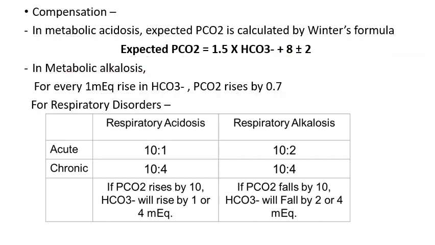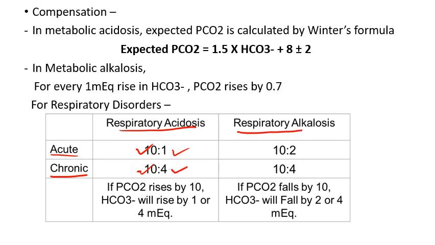For respiratory disorders, it is slightly difficult to understand, so what I would recommend is to just remember these values. In acute respiratory acidosis, for every 10 millimeters of mercury rise in PCO2, the bicarb should rise by 1 milliequivalent. In chronic respiratory acidosis, for every 10 millimeters of mercury rise in PCO2, the bicarb should rise by 4 milliequivalents.